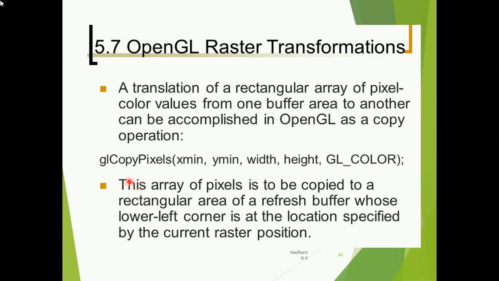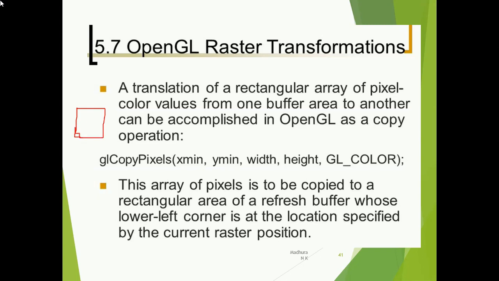Here GL_ is the symbolic constant prefix. So it has 5 parameters. Here GL_COLOR specifies that it is the color values that are to be copied. Whenever you are going to do a translation activity, you are going to copy the entire rectangular section.